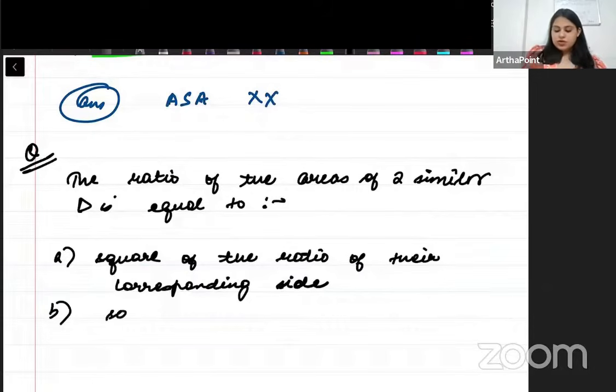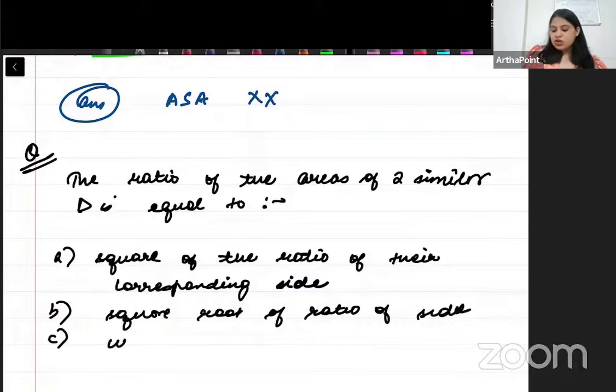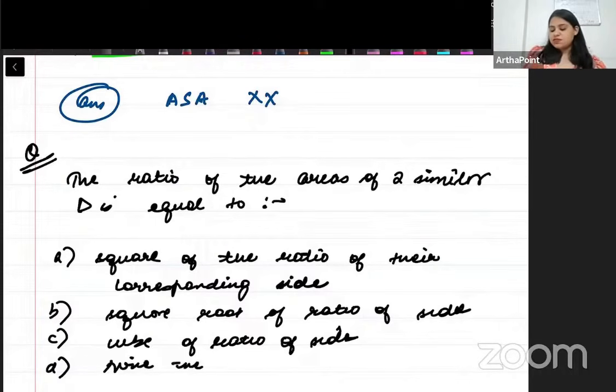B square root of ratio of sides. C cube of ratio of sides. D twice the ratio of sides.